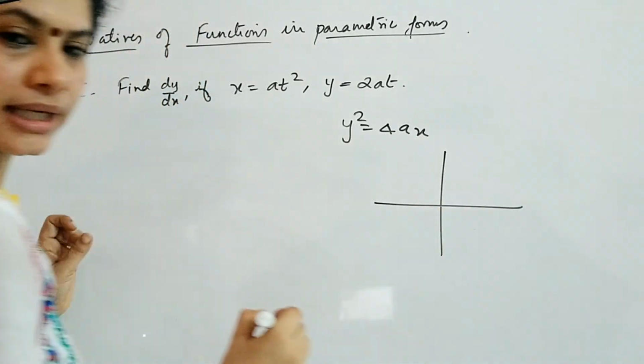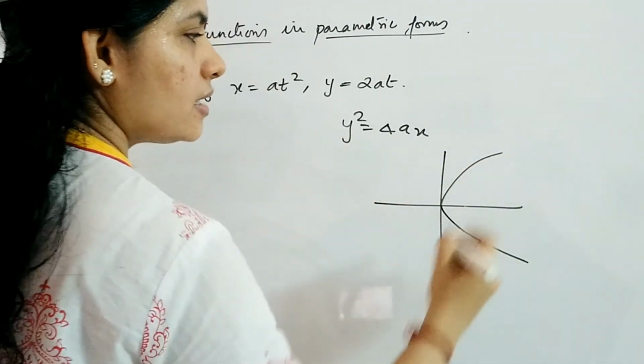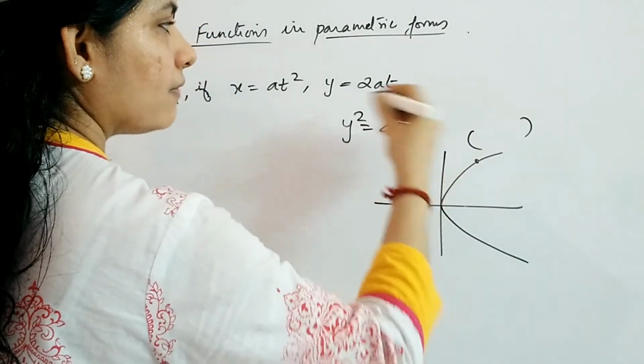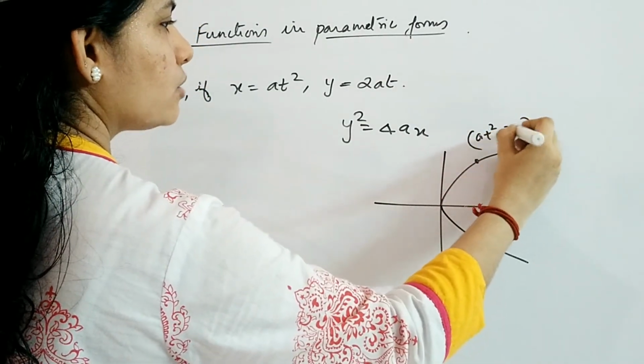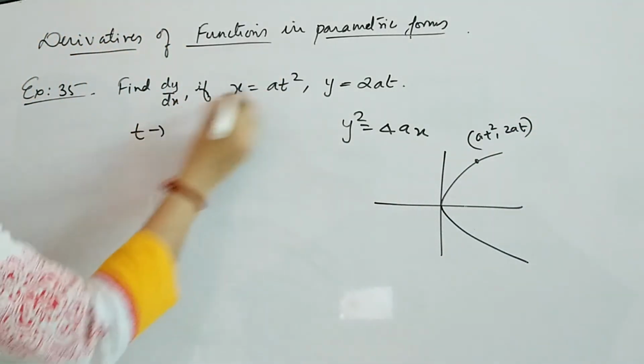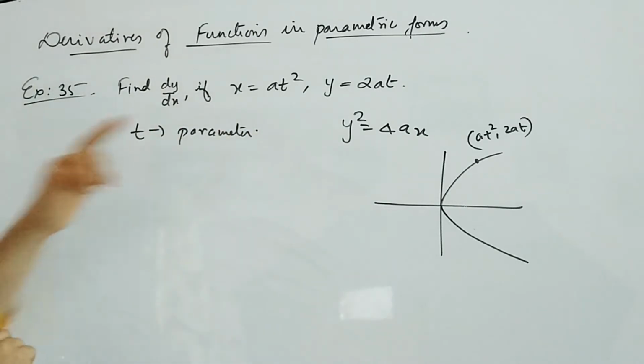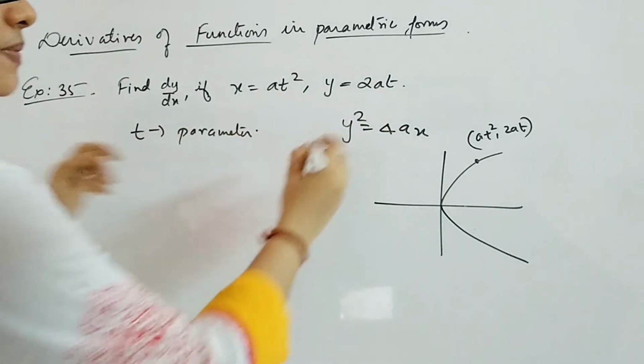which type of figure you will get? Which side? Y square equal to 4ax is this one. So any point will have this form, that is at square comma 2at. Okay, so t is here the parameter. What is the parameter used here? T is the parameter. Now for y square equal to 4ax, you just substitute and see.